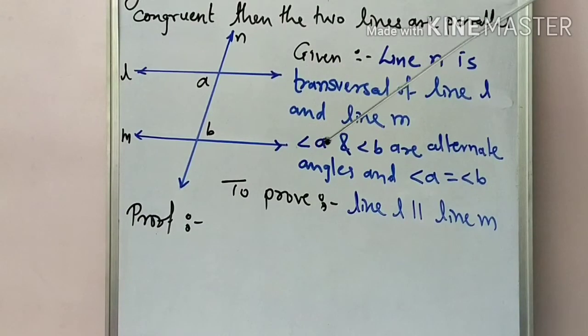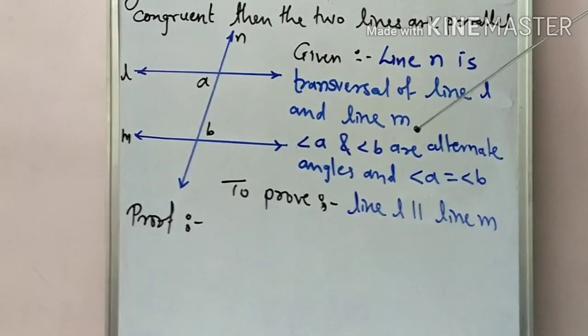So here I take angle A and angle B as alternate angles that are congruent, meaning of equal measures. If that alternate pair is congruent, we have to prove that line L is parallel to line M. This theorem or test depends on the interior angle test.